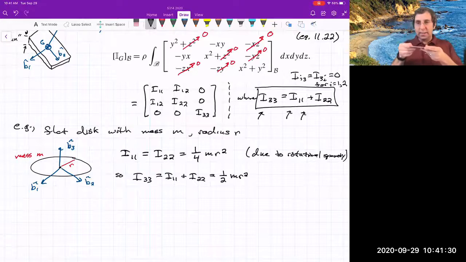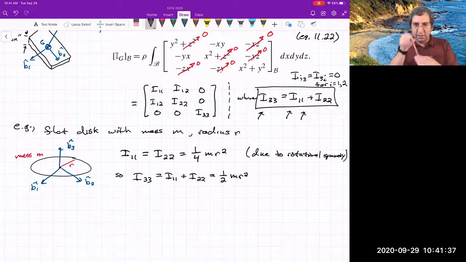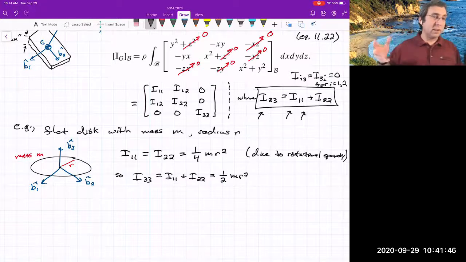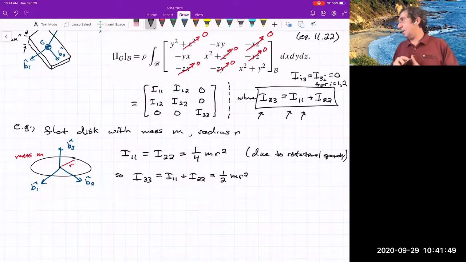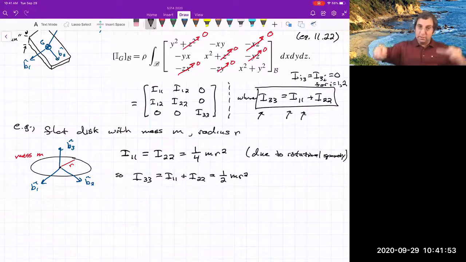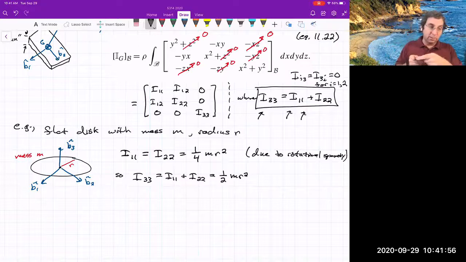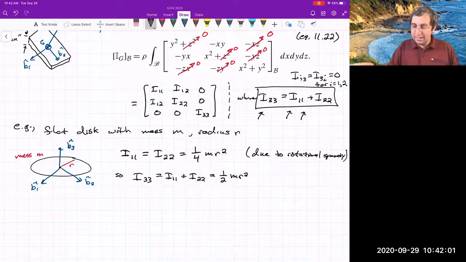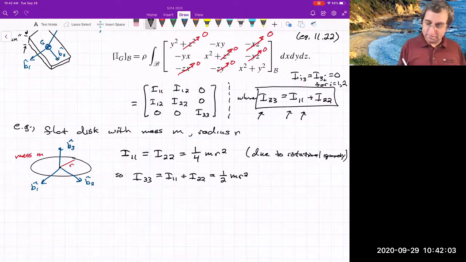Technically, it should be twice as hard for me to rotate this about that B3 axis than it is to rotate it about any axis going through the body. It's probably not noticeable on something small like this, but on something heavier, like a sewer manhole cover, good luck picking that thing up, and then good luck trying to rotate it. Apparently it's easier to rotate it this way, and you could experimentally verify that.